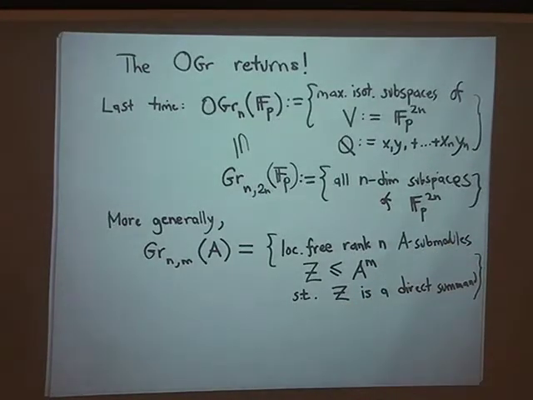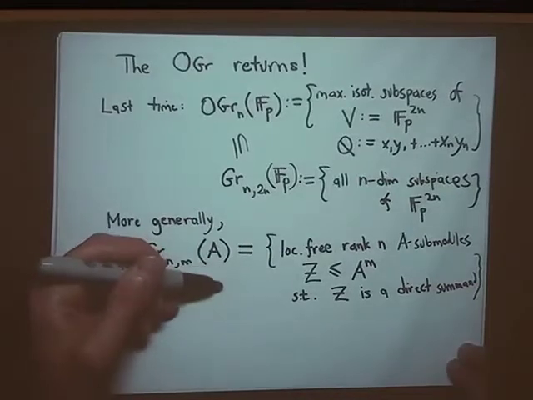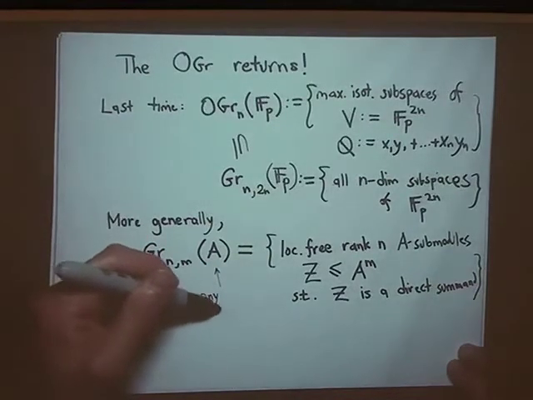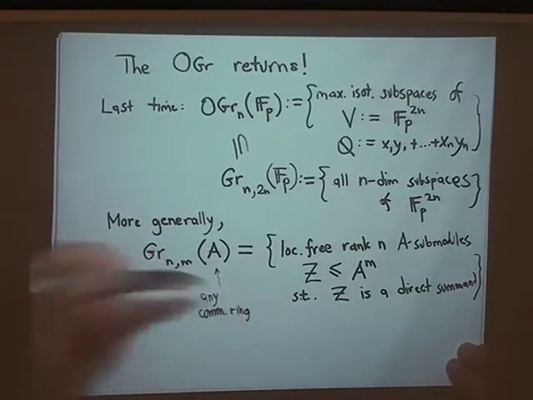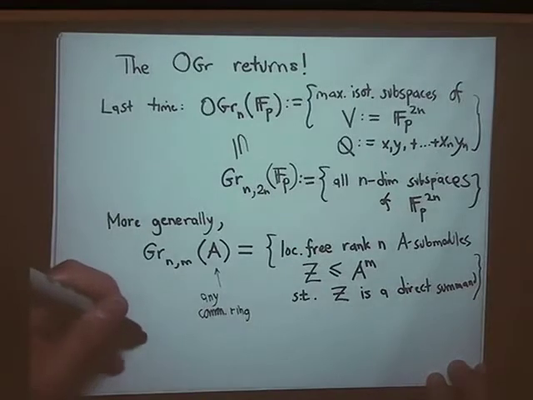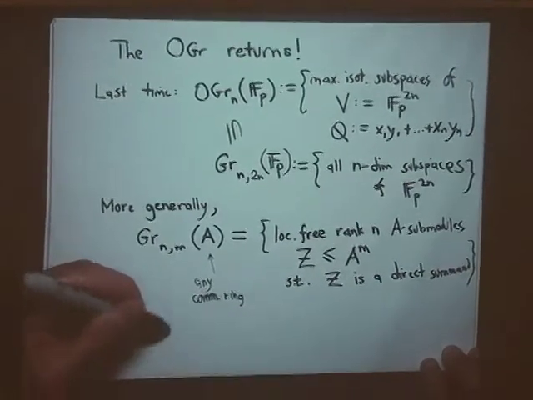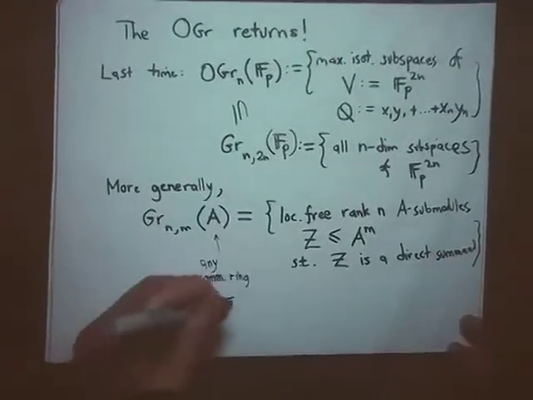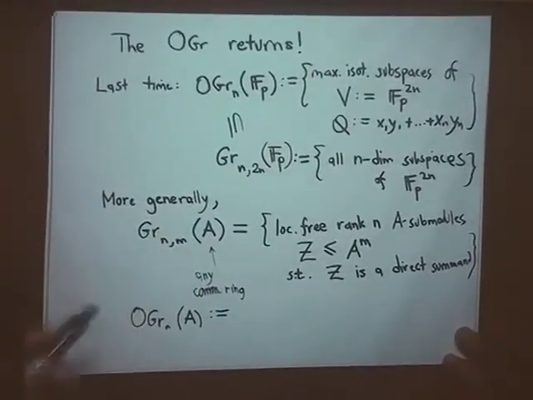And now A is any commutative ring. And OGr is going to be a subset of this. So OGr_n of A is going to be a subset of this when m is taken to be 2n.